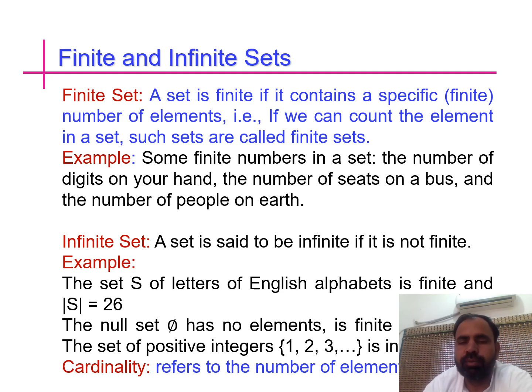The number of fingers on a hand is finite, you can count the fingers. So sets that can be counted are finite sets, and sets that cannot be counted are infinite sets.